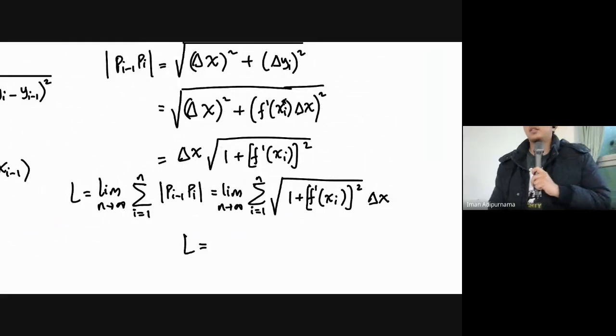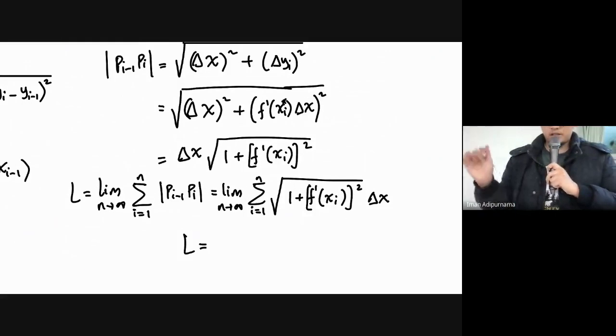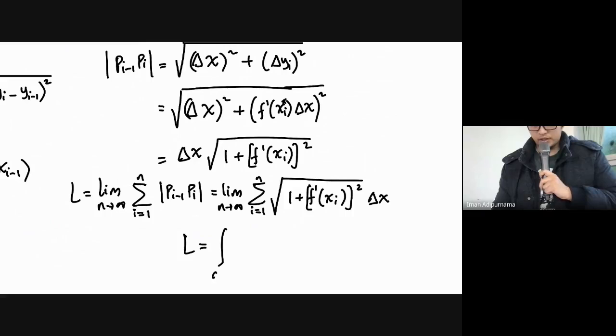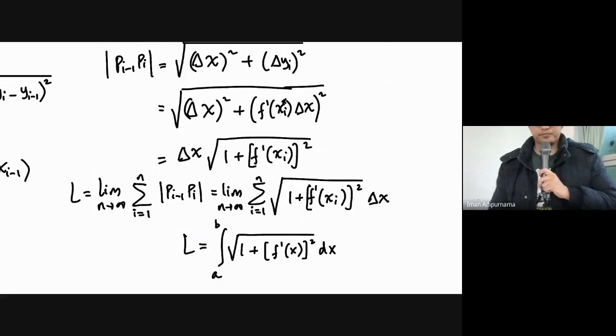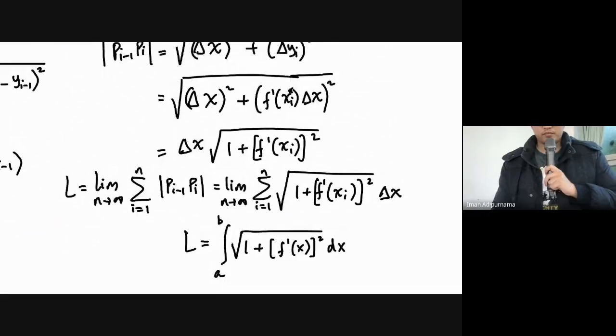Based on our previous knowledge, this sum is actually an integration from a to b of the square root of 1 plus f prime of x, squared, dx.